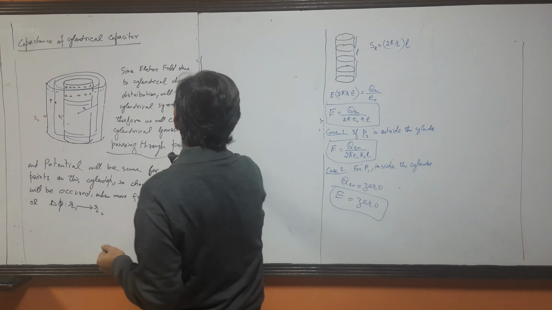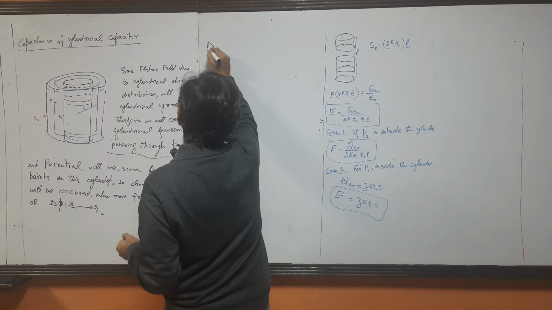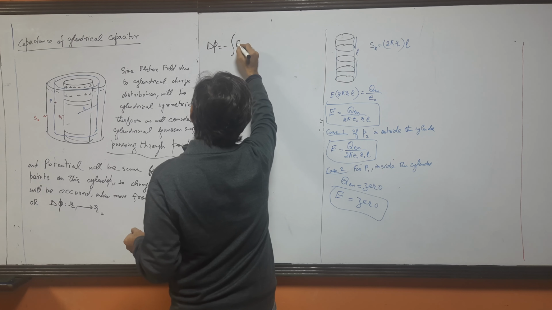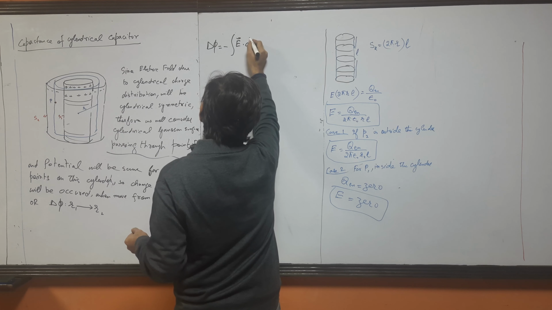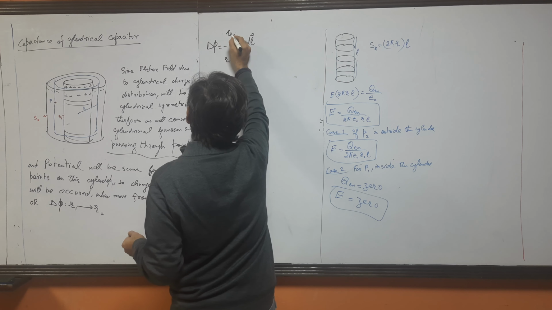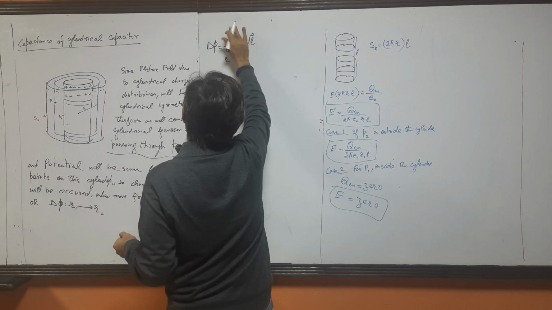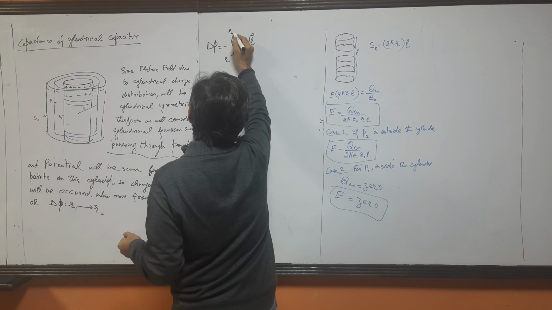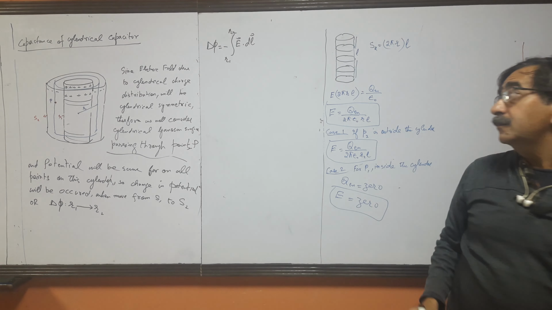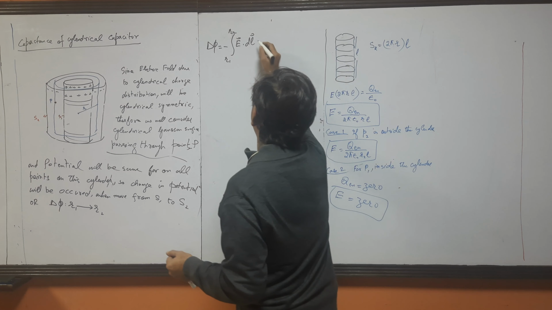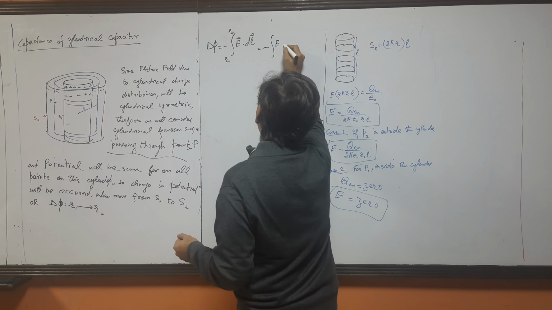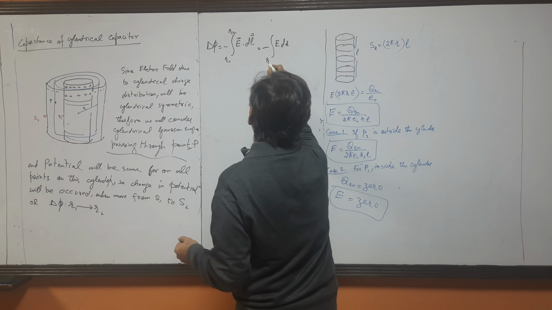So delta phi will be equal to minus the integral of E dot dl, from R1 to R2. Okay, you may say that is minus the integral of E dr from R1 to R2.